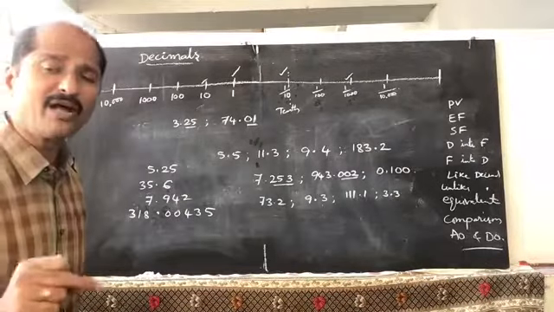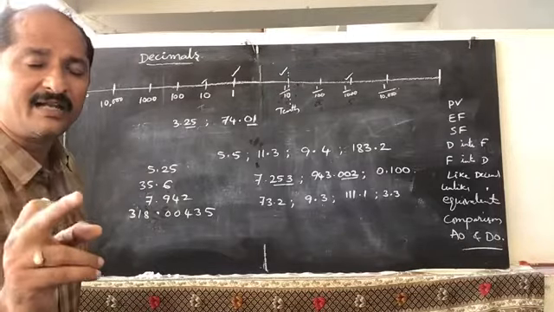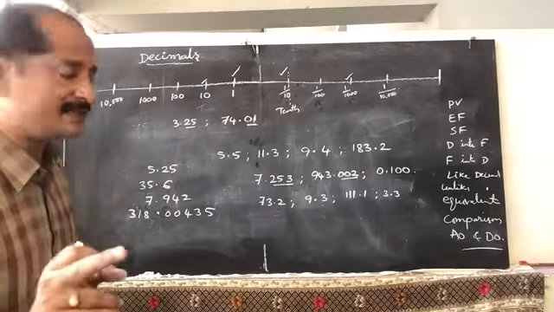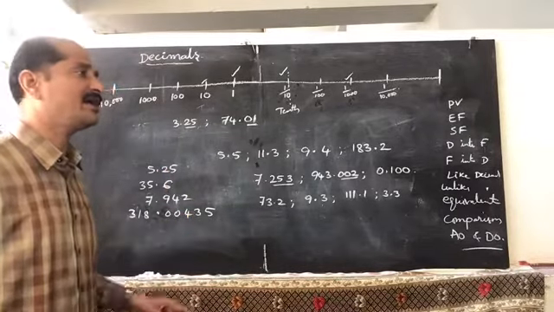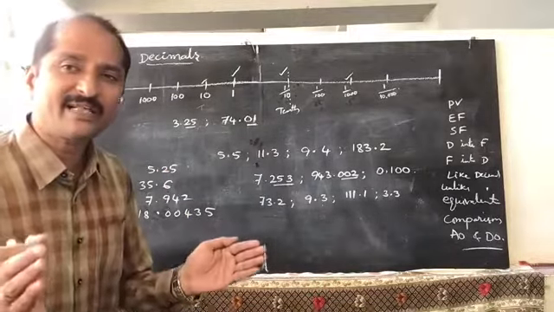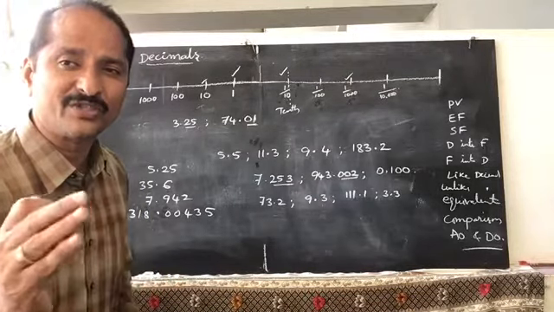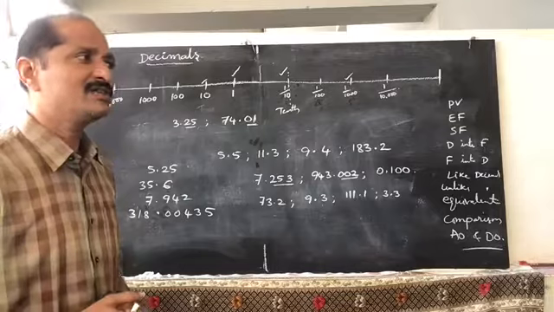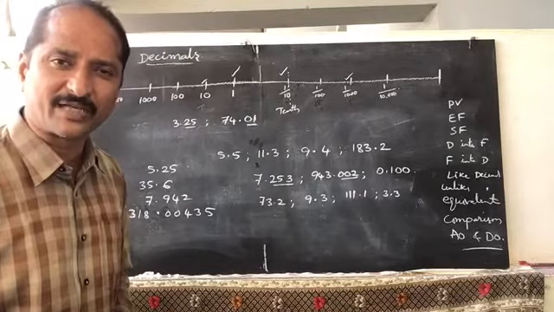If the number of digits in decimal part are equal, they are called like decimals. But here the number of digits in decimal part are not equal, so we should convert them into like by placing number of zeros. So which decimal has more number of digits in decimal part, you can observe.